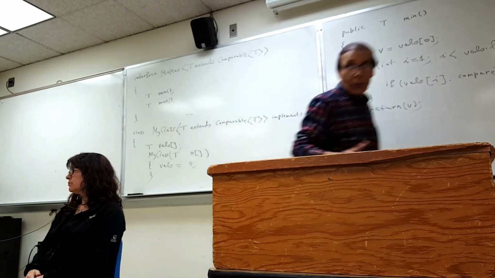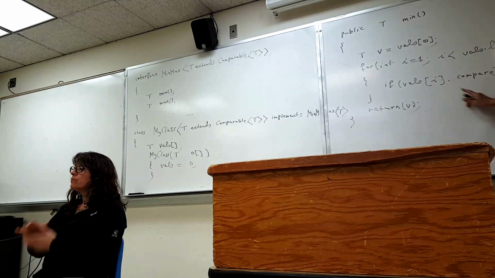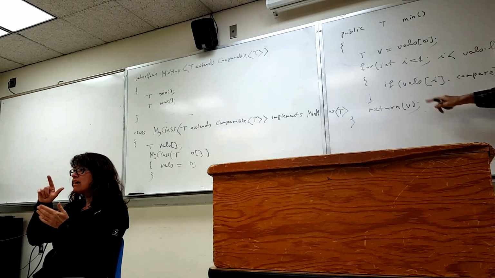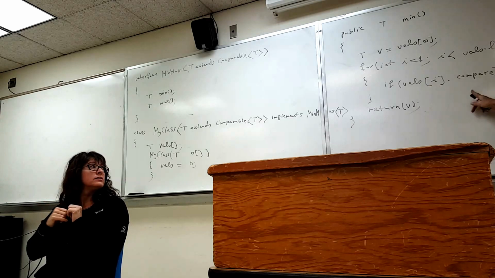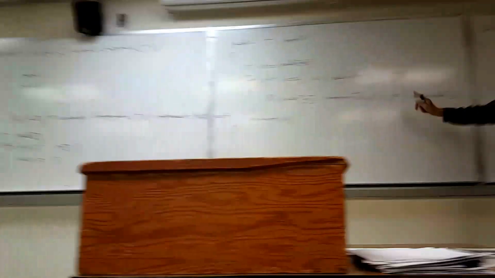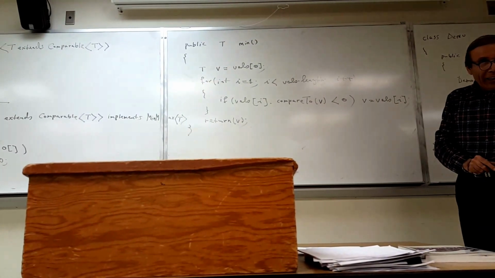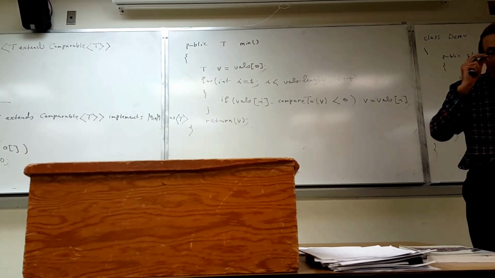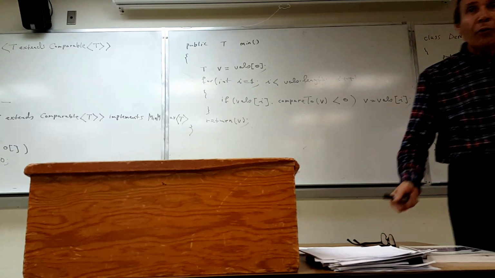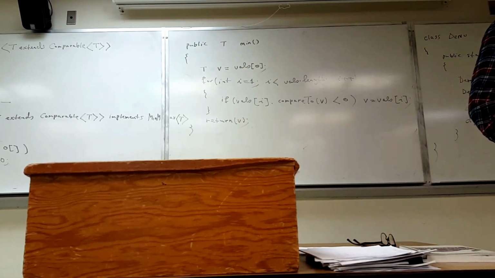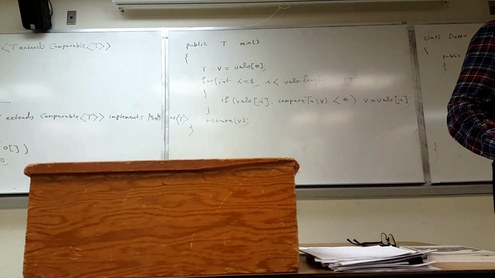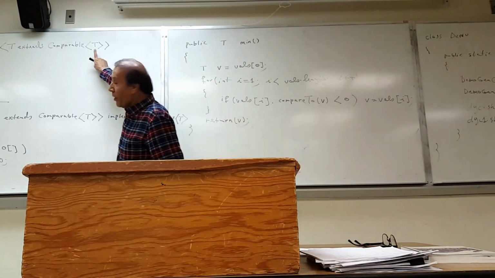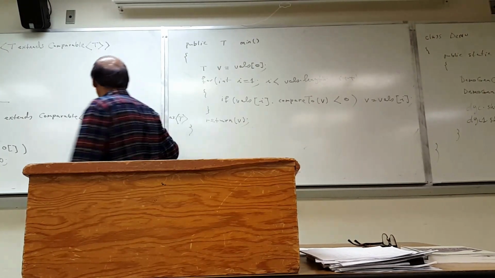Some of the students put this: if the middle letter, if vals sub I less than V, then do that. Less than doesn't work, right? Less than only works for certain data types, but this is generic.